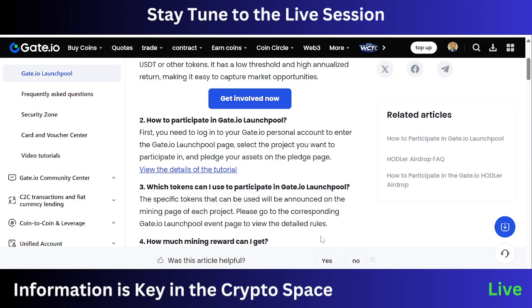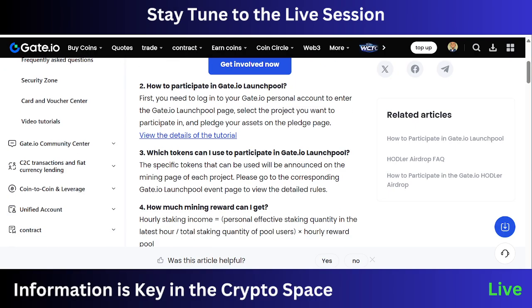First, you need to log in to your Gate.io personal account to enter the GT Launchpool page, select the project you want to participate in, and pledge your assets on the pledge page. That is how to participate in the Gate.io Launchpool.